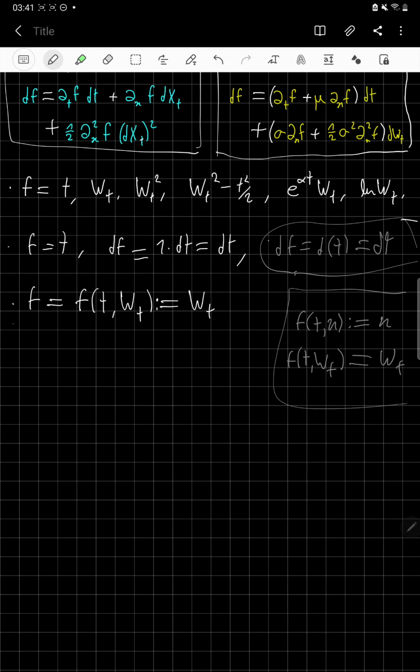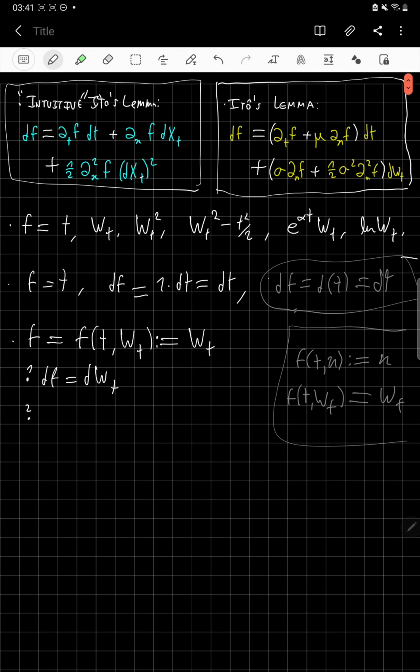So what we'd like to say is obviously df is d of Wt, which is just dWt. That's one way. But through Ito's lemma, df is actually given by the function that's here. With respect to time, the derivative is 0.